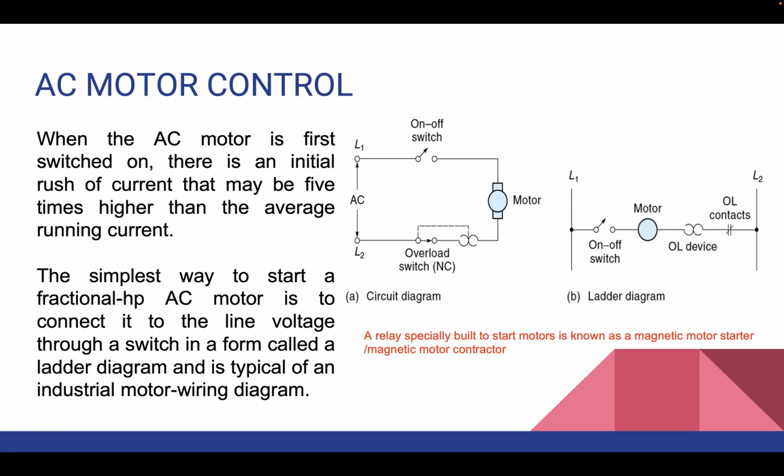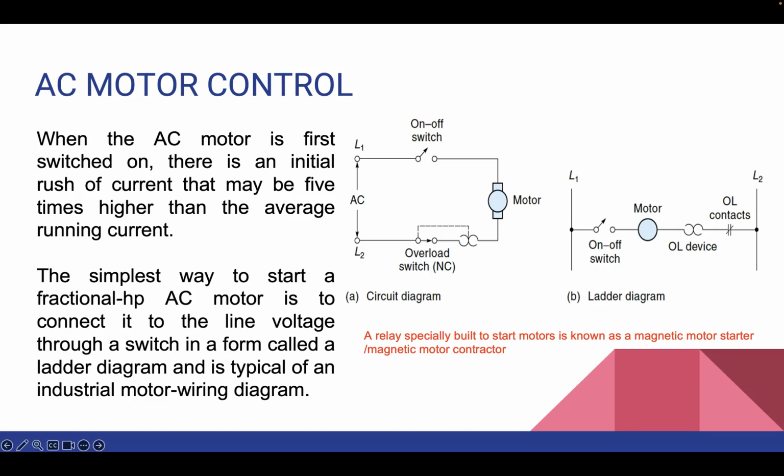These relays are magnetic motor starters or contactors, designed to handle motor current and include built-in current overload protection. If the current exceeds a preset value, the contacts of the starter open, and that safeguards the motor.